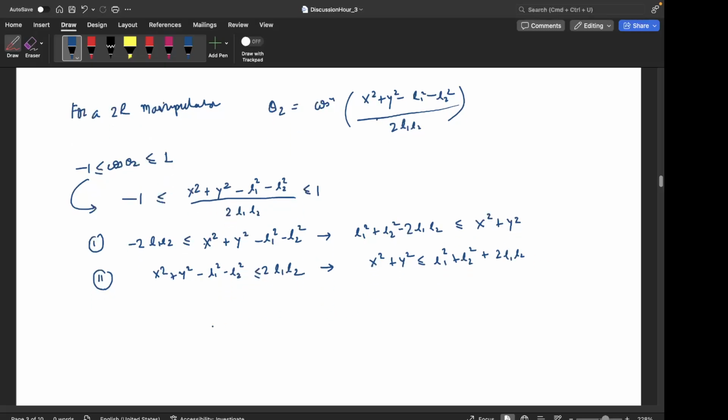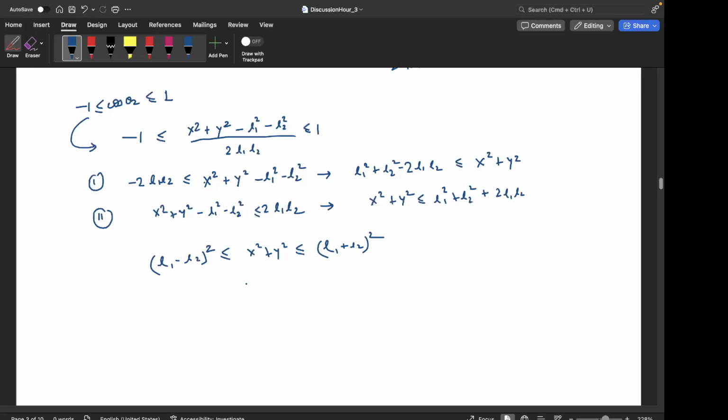And so this implies that L1 minus L2 square is the lower bound of x square plus y square, and the upper bound is L1 plus L2 square, right?